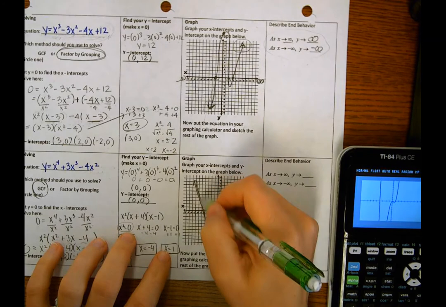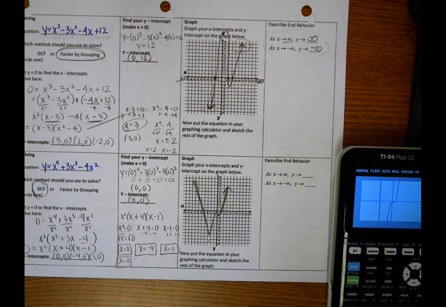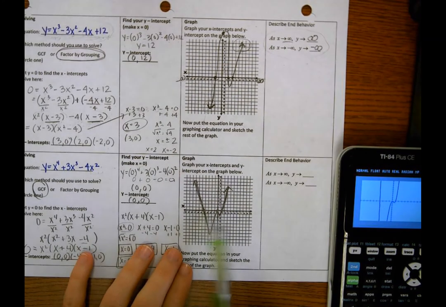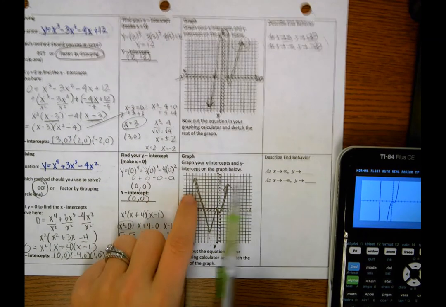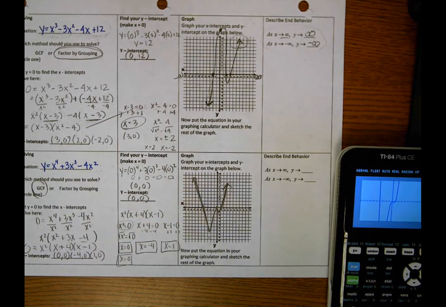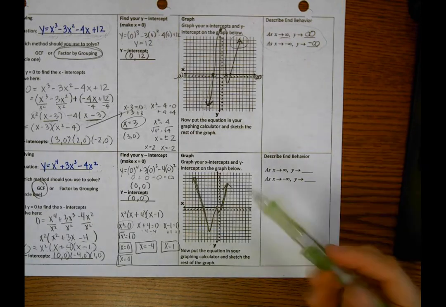So what we see from our sketch, and again, it doesn't have to be perfect, it's just a sketch, is we want to get an idea of where it goes through those x and y intercepts, and then where it's ending up, where those end behaviors are. So we can see that our graph keeps going up in both directions, so we want to make sure that we have both arrows pointing up. That's going to determine our end behavior as well, right?